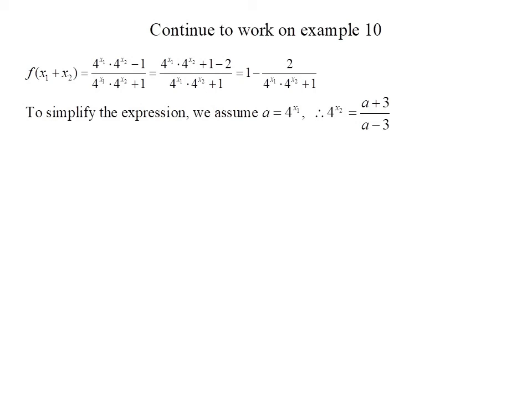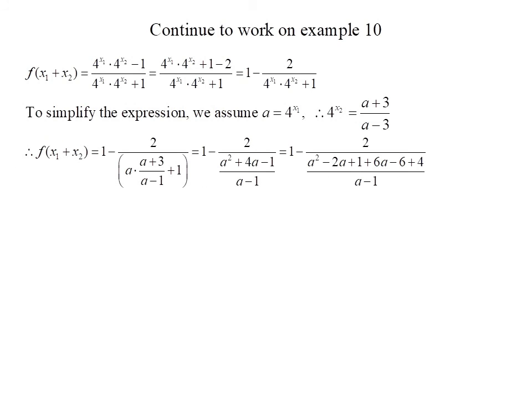Hence, 4 to the x sub 2 can be expressed as the quotient of a plus 3 over a minus 1. Based on this assumption, f(x sub 1 plus x sub 2) can be expressed in terms of a, which equals 1 minus 2 over the total of a times the fraction (a plus 3) over (a minus 1), then plus 1.